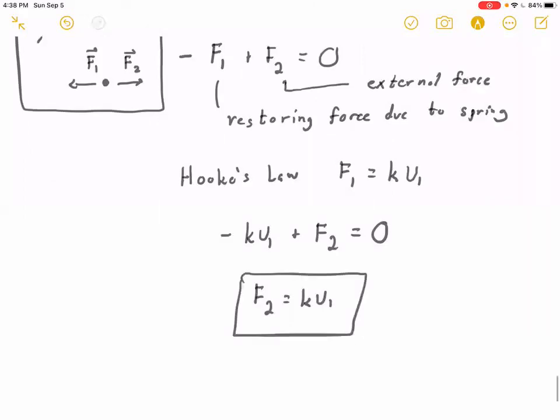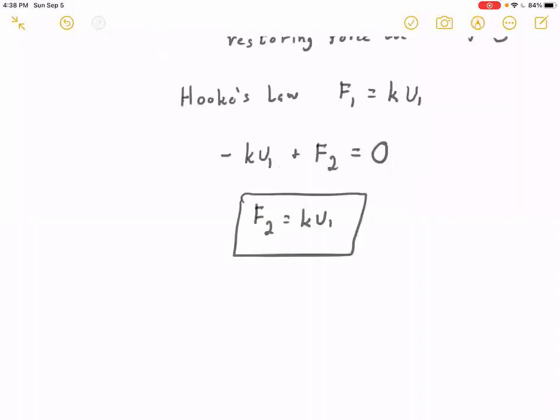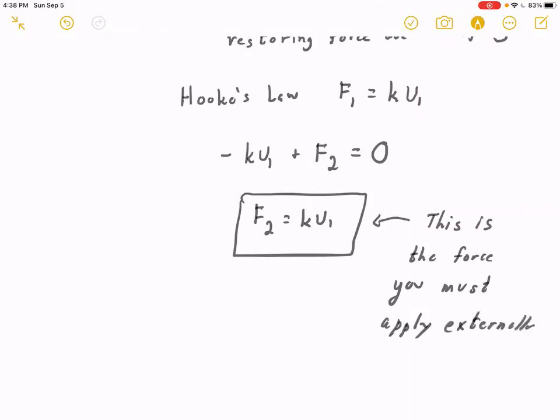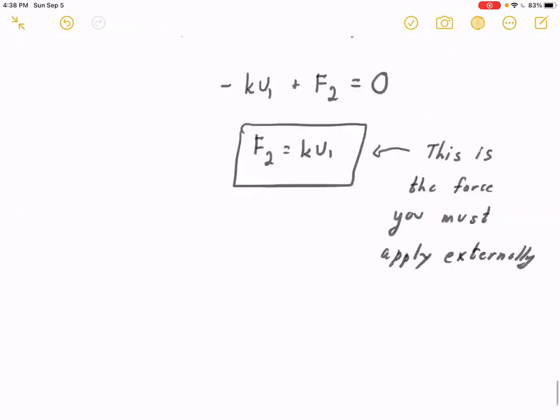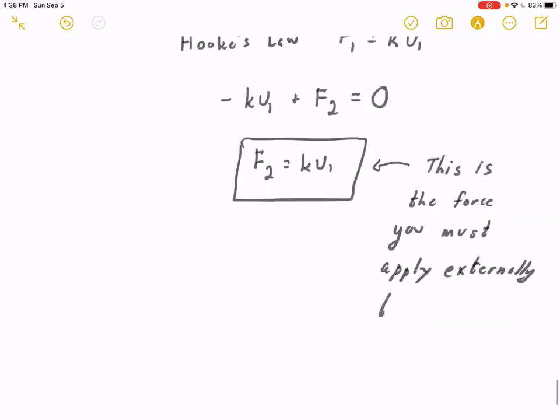So what is the problem telling me here? It's telling me that this force F sub 2 is the force you must apply externally to keep the mass at rest.